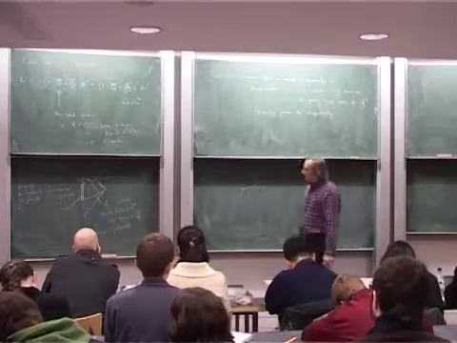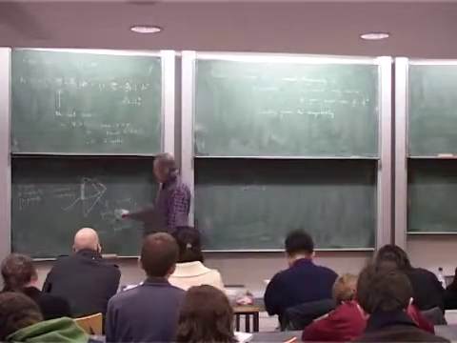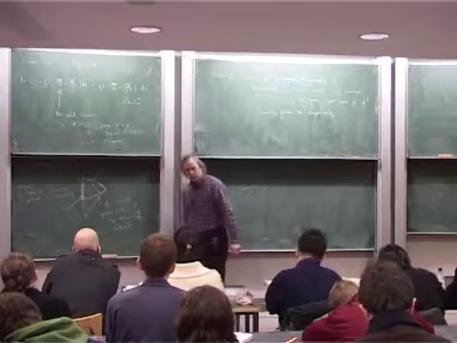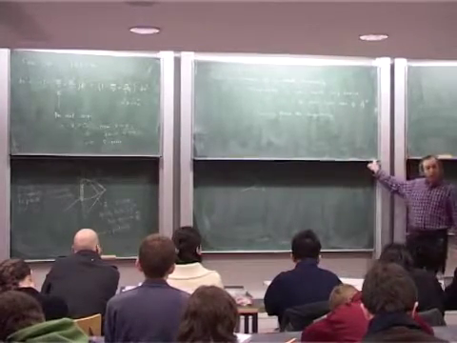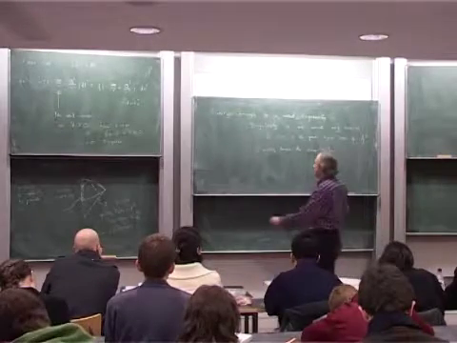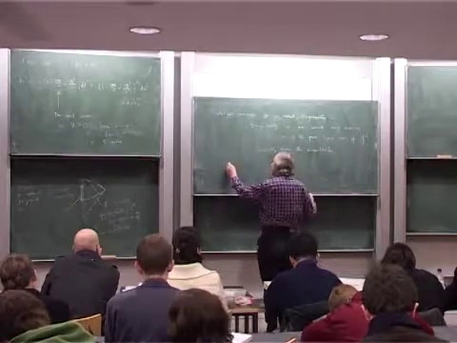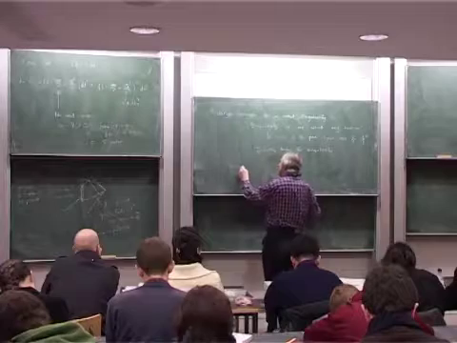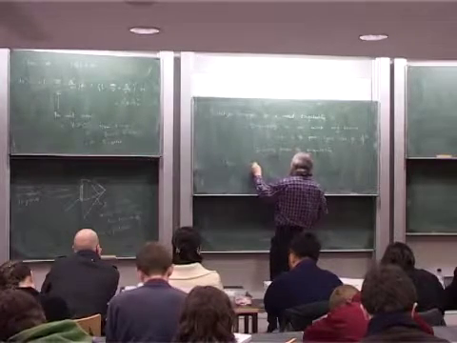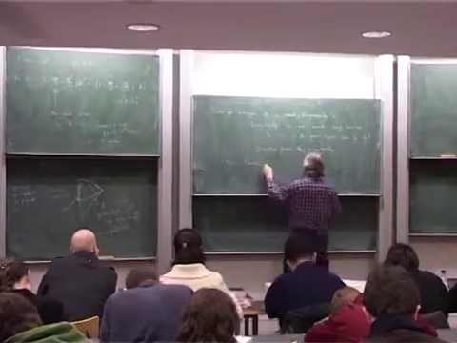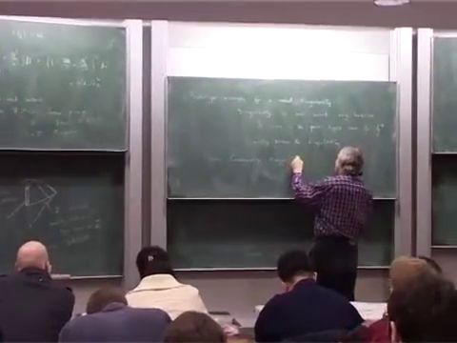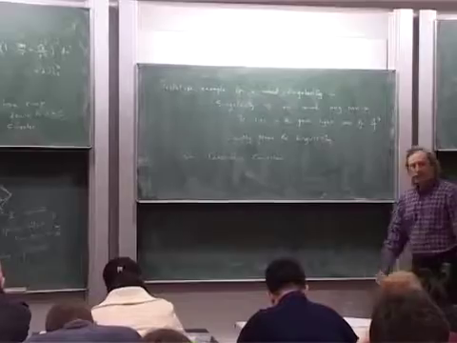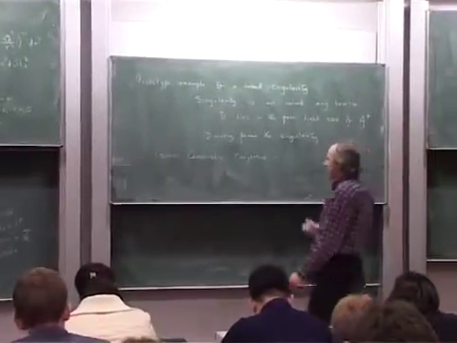So perhaps one of the most important unsolved conjectures in general relativity is the so-called cosmic censorship conjecture, which asserts that this kind of naked singularity does not happen.